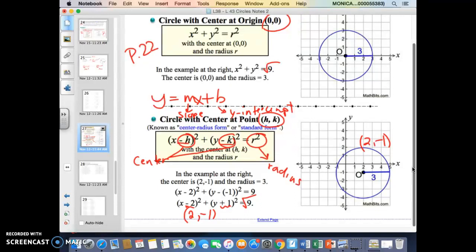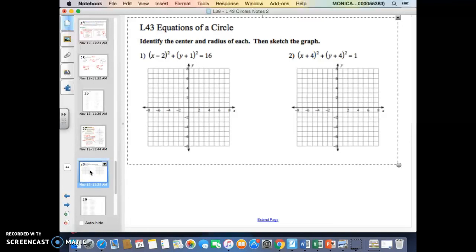So let's talk about what this looks like as you're practicing. First thing I'm going to do is identify my center, and then I've got to figure out r. So -2, +1, this is x, so my x coordinate is going to be 2, and my y coordinate is -1.